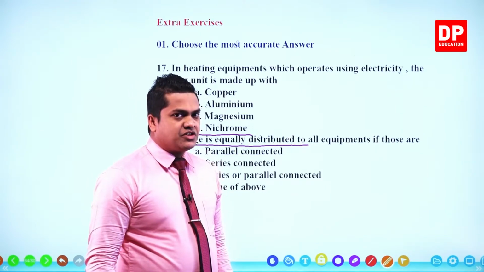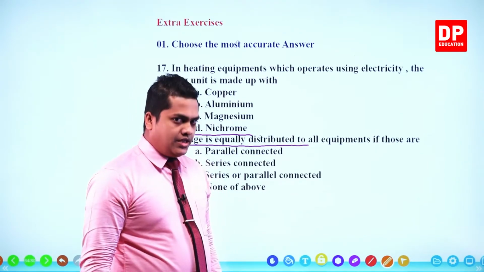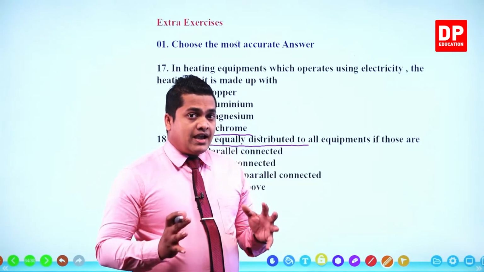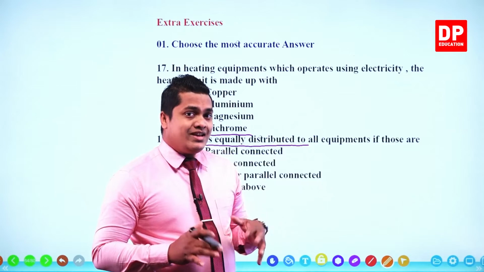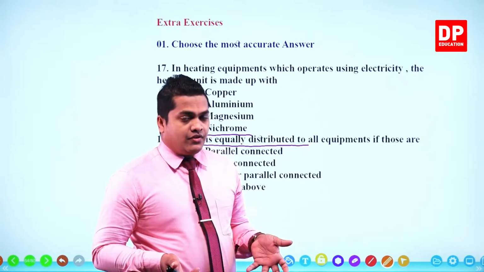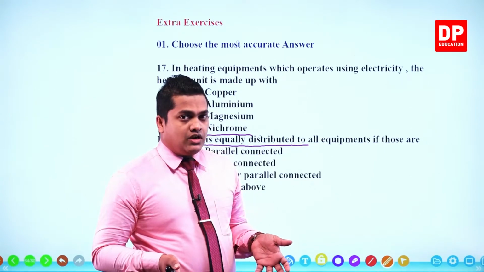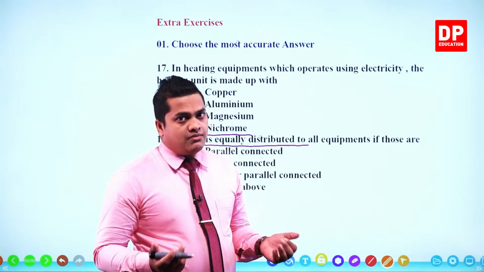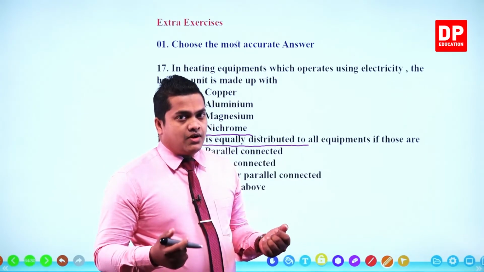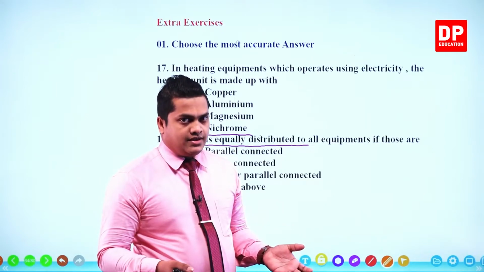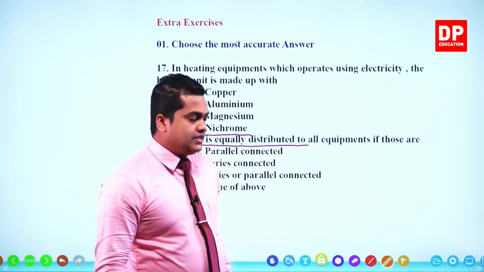Now there is a special kind of situation in here. If all the equipments are equal in all aspects, then my dear children, an equal amount of voltage is going to pass through each of the materials. Okay, it's like this.